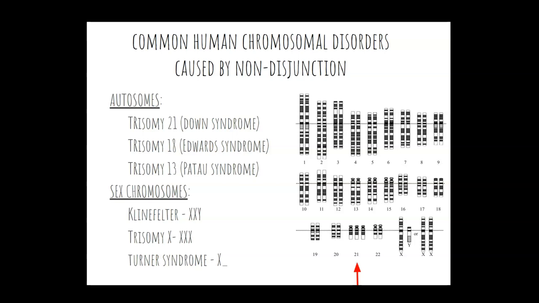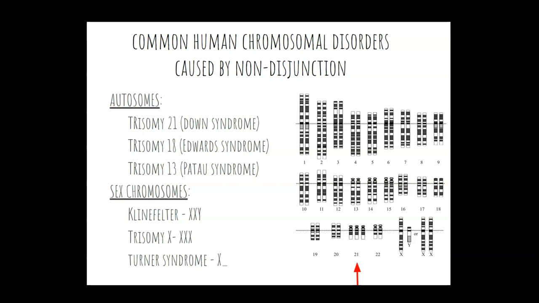And so in that case, you would not form any bar bodies in the cell, otherwise you wouldn't be able to have a functioning X chromosome. The X chromosome has got genes that are used by both males and females in their body. A person with Turner syndrome is going to be female, but is going to have some levels of infertility and some other symptoms as well.